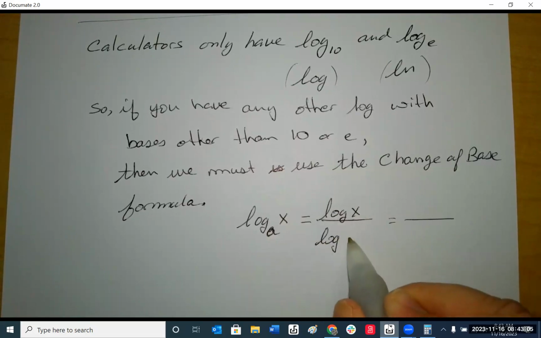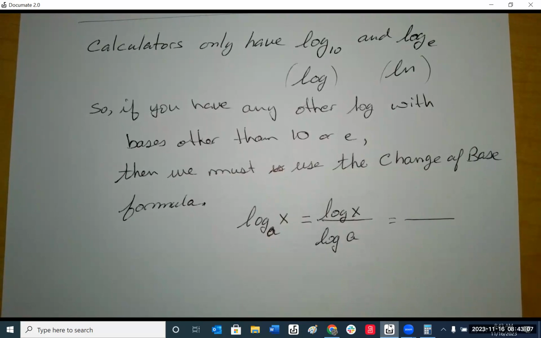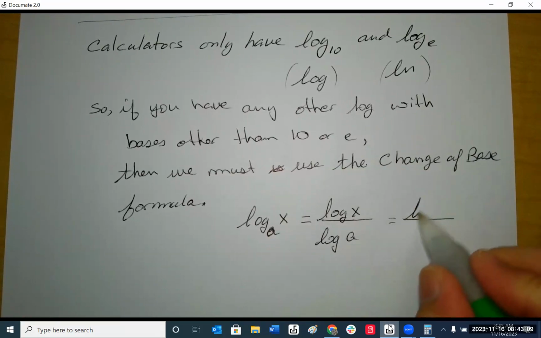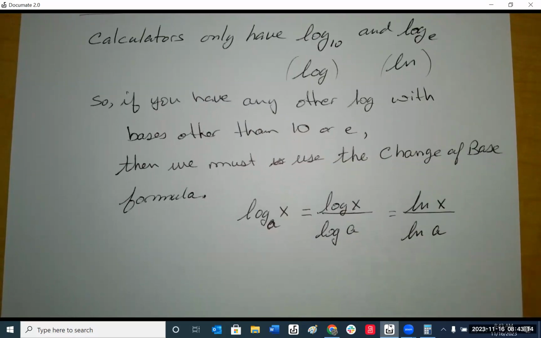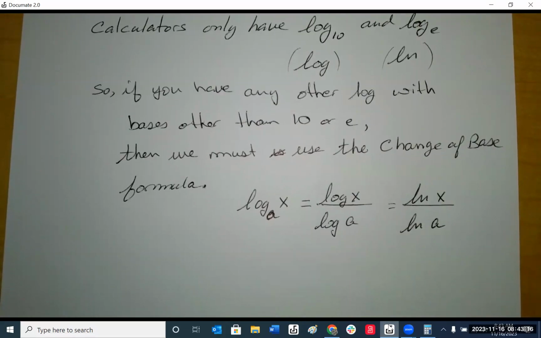We can either use the log base 10, the common log, or we can use the natural log. Because it's the ratio that we're looking for.